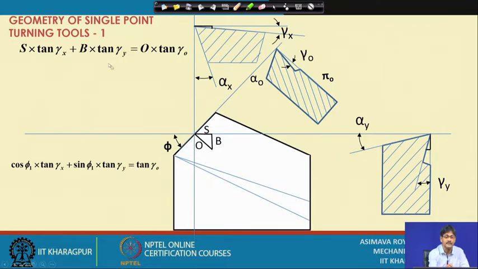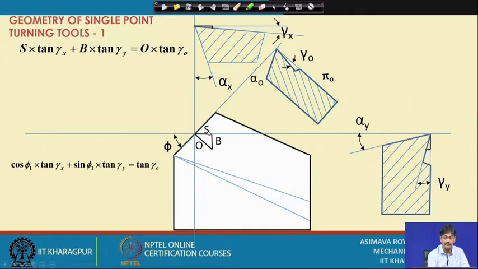What does this relation state? It states that from this point, if we move down the rake surface in the orthogonal direction, we will reach a point. If the orthogonal rake is positive, we go down.